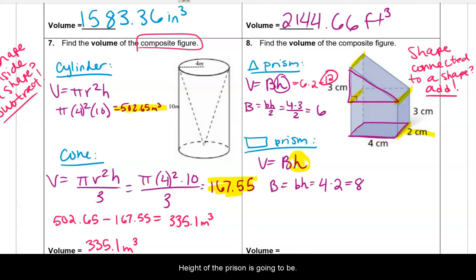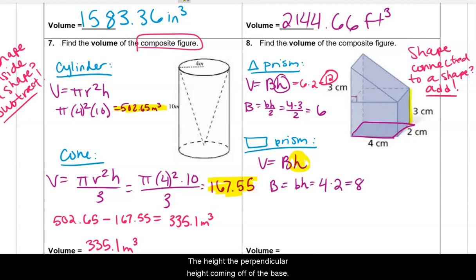Our height of the prism is going to be a height or length coming off of our rectangular base. So it's not 4, it is not 2. The perpendicular height coming off of the base is 3.